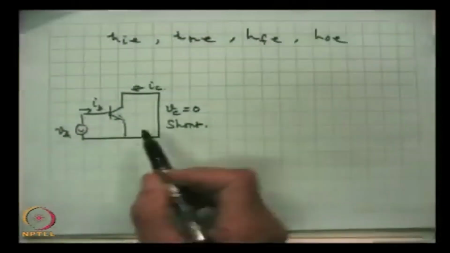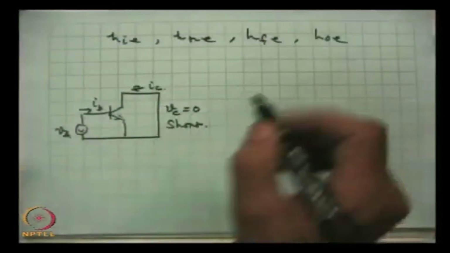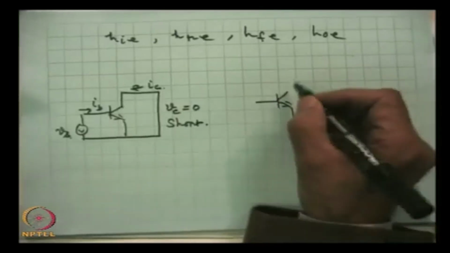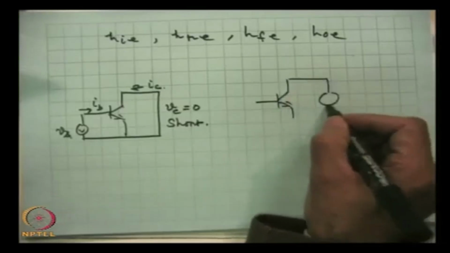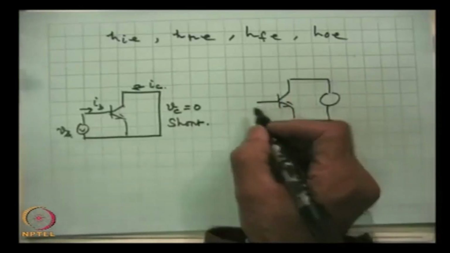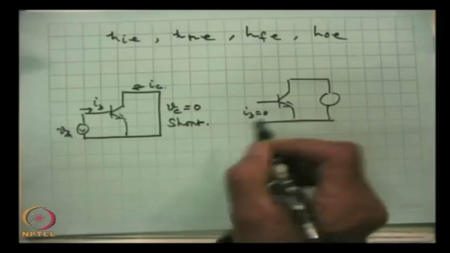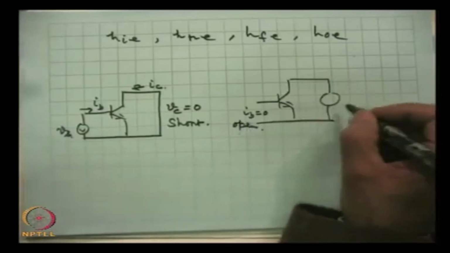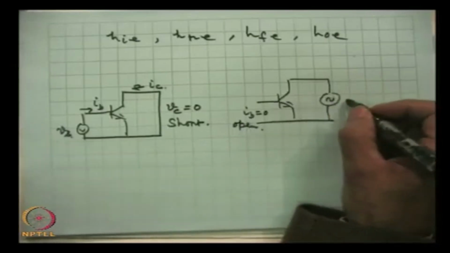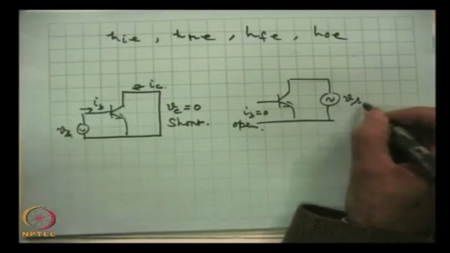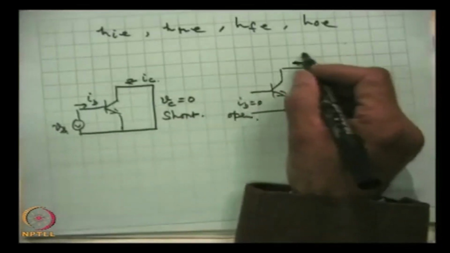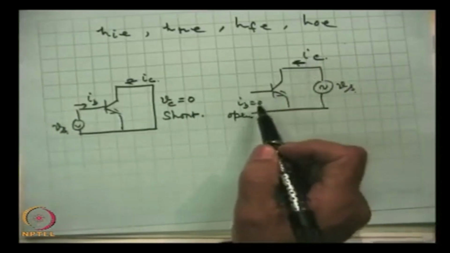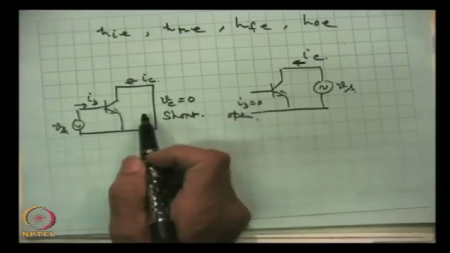So, that is to be measured under these conditions, and similarly the other two parameters require IB equal to 0. So, this is open, input is open, we apply a test signal here which will establish a current IC. So, this is the open circuit condition, this is the short circuit condition.